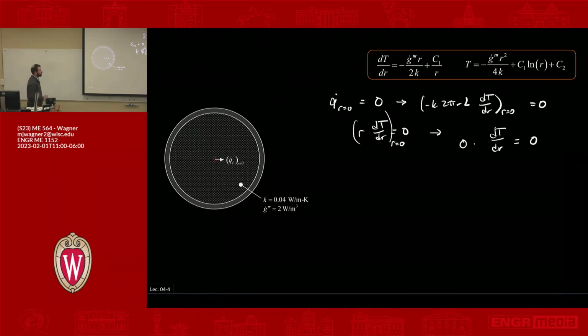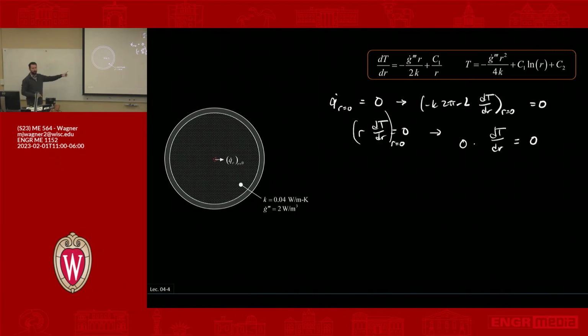This is a little tricky because now I'm taking something, a dT/dr, I could put in the expression for temperature if I wanted to, take its derivative. But the problem is I'm multiplying that whole thing by 0, right? Because I'm evaluating this at r equals 0. So what is that actually saying? That's saying, well, this is true pretty much for any value of dT/dr, so long as dT/dr is defined.